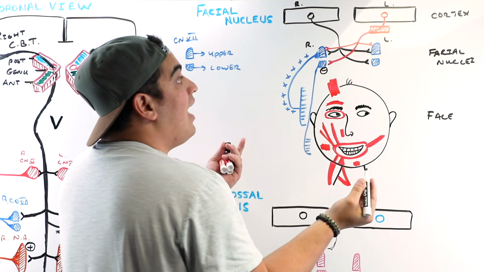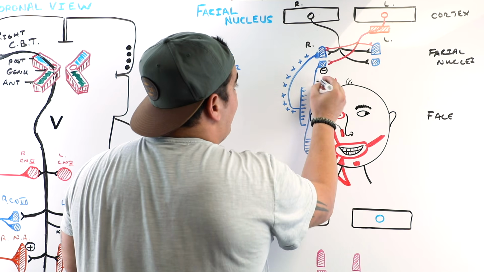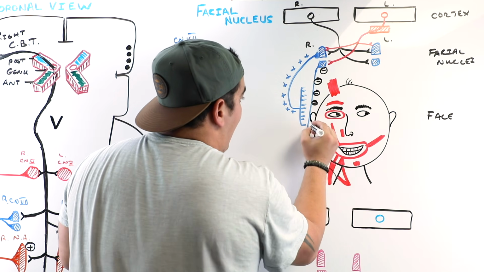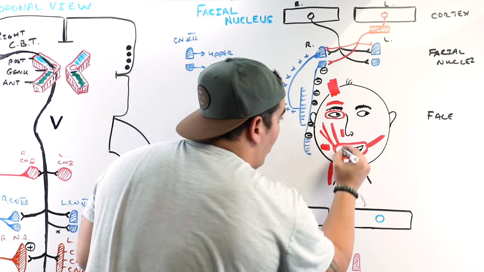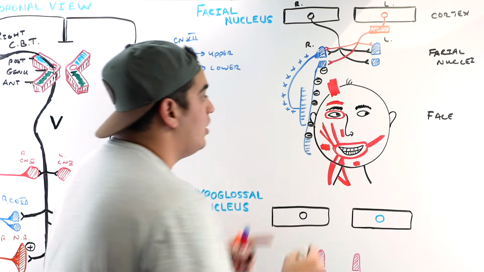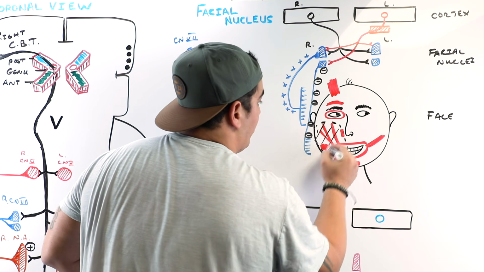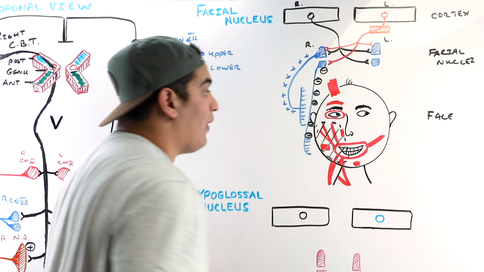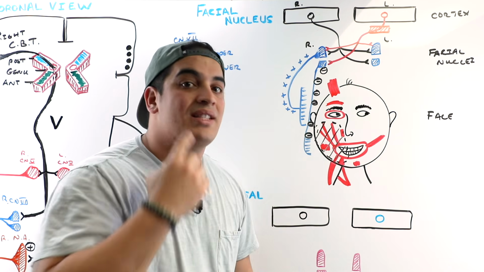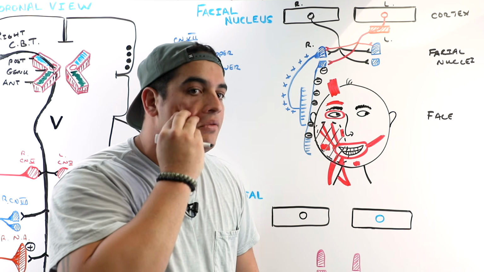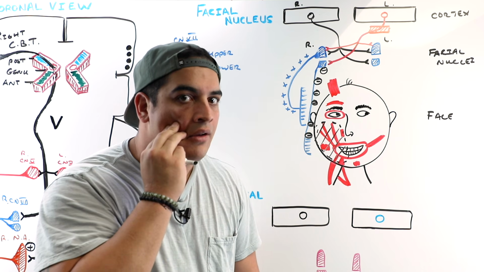It doesn't have any supply. So because of that, this will not be sending action potentials to the right lower half of the face. So all of these muscles on the right lower half of the face are going to undergo either complete paralysis or weakness. What does that mean? The face will start drooping on the right side.